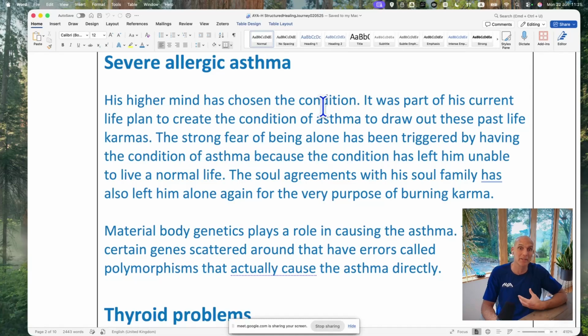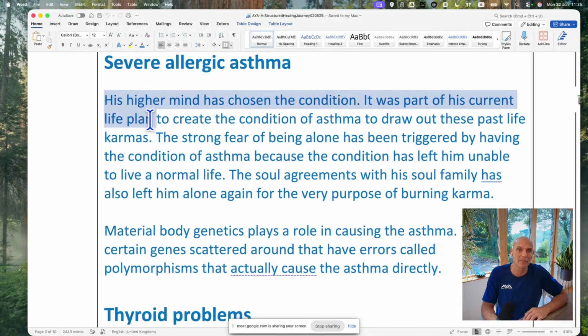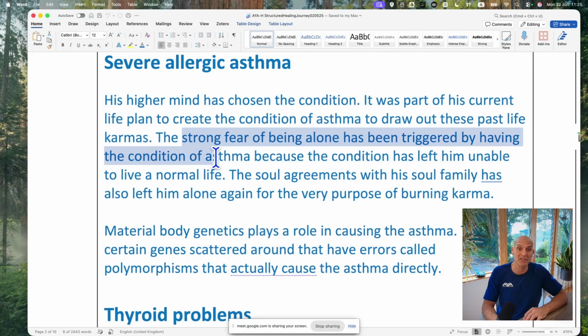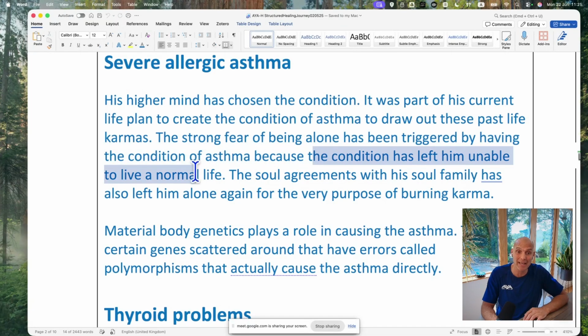His higher mind has chosen the condition. It was part of his current life plan to create the condition of asthma, to draw out these past life karmas. The strong fear of being alone has been triggered by having the condition of asthma, because the condition has left him unable to live a normal life, making him more alone.